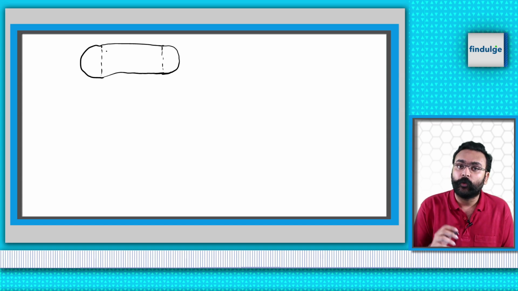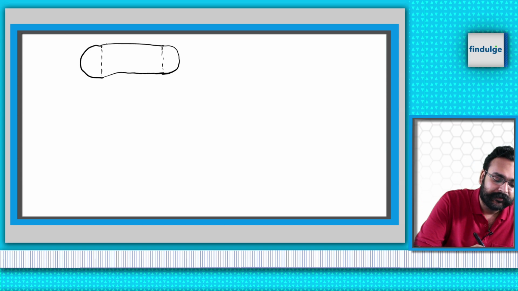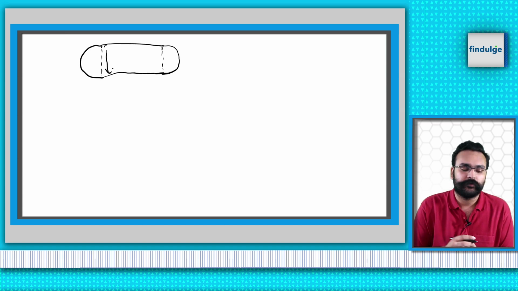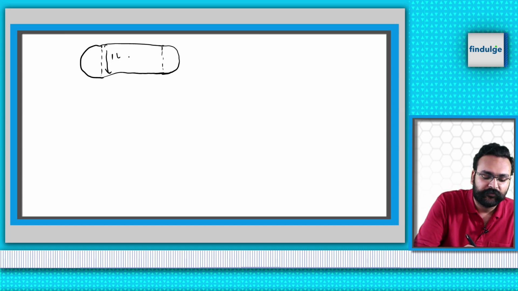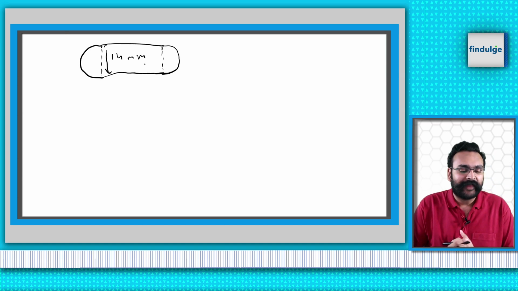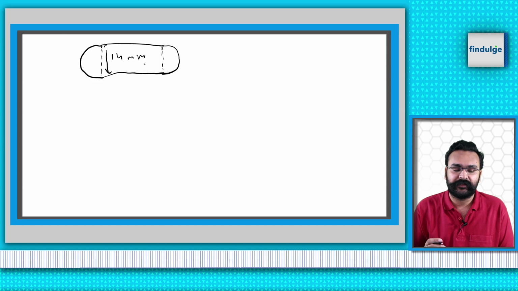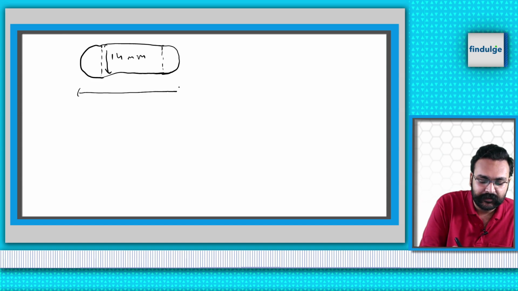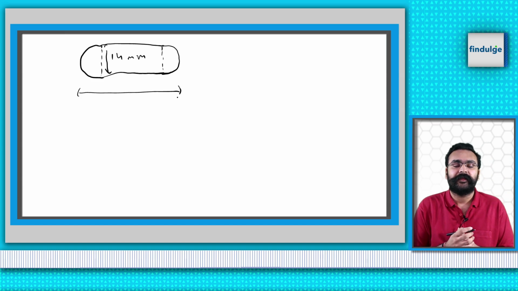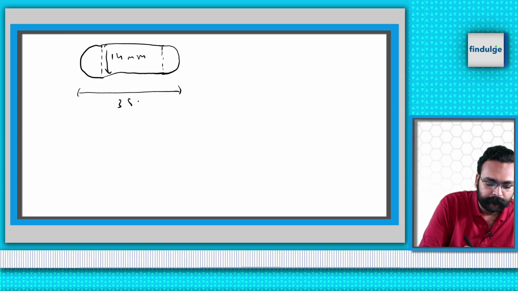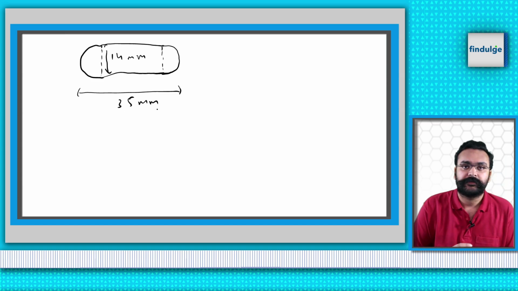And we were told in the question that the diameter of the cylinder or of the capsule is 14 millimeters and that the total length of the capsule, so total length means this entire length, is nothing but 35 millimeters.